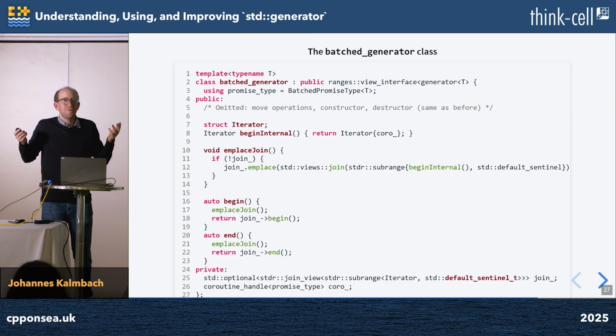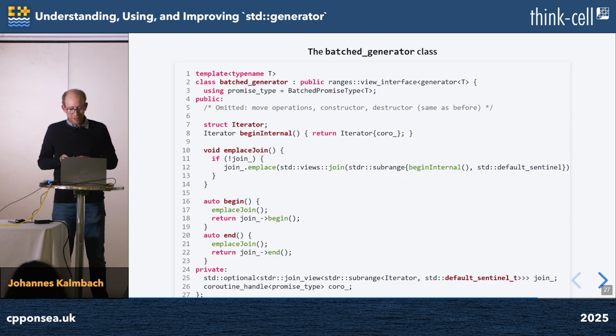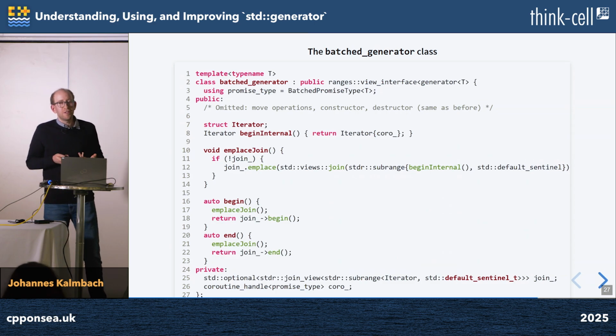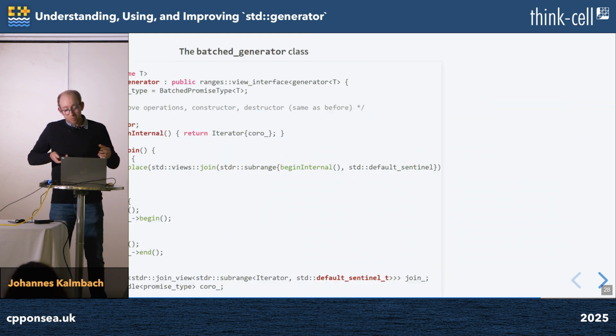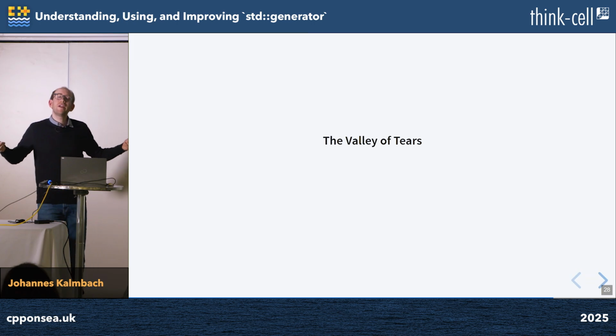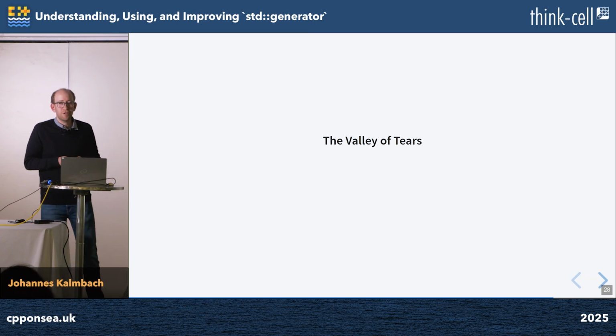I don't know why anyone would do this, but it has to work. So we have in both places to engage our optional with the join view if we want to do this. So this thing just works and does the right thing if you add all the things that I have left out because slides are short.